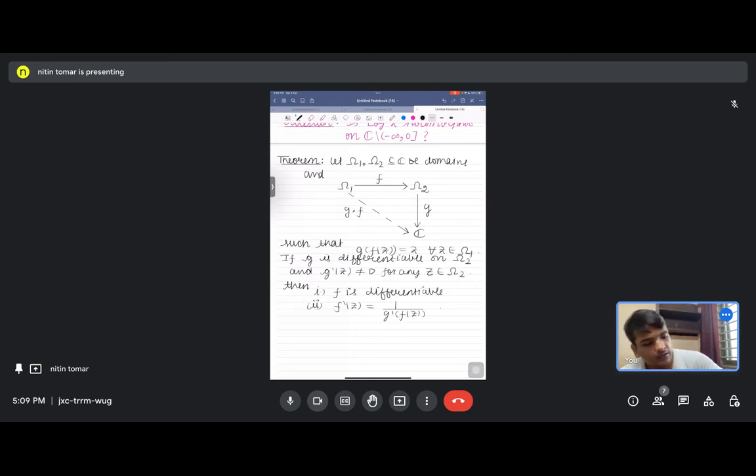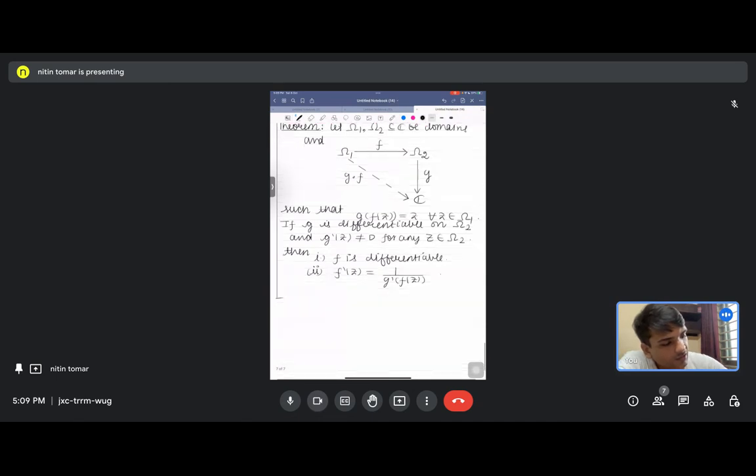This theorem I am not doing the proof. You can find it anywhere. Now you see we are going to apply this theorem.